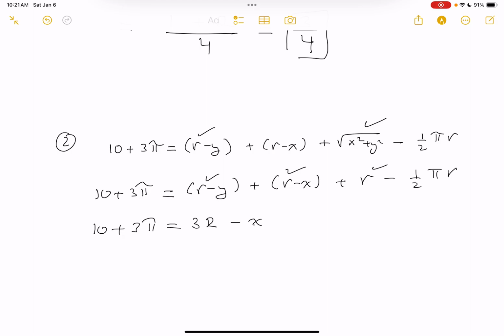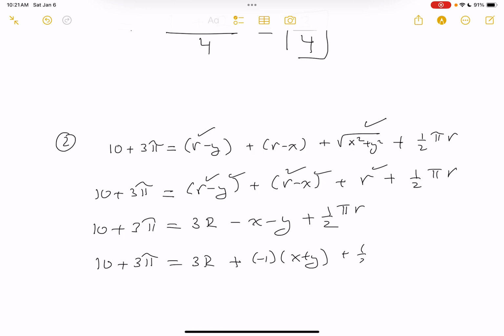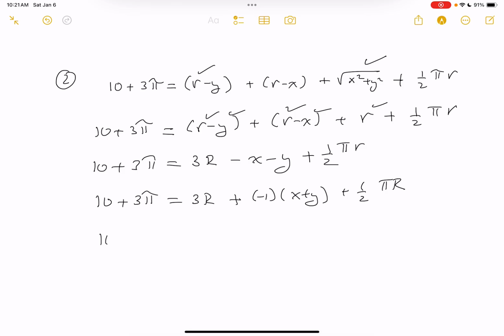Then you get minus X, minus Y, and you get minus 1/2, not minus, it's plus, sorry about that, plus 1/2 pi R. All right, let's keep going. 10 plus 3 pi equals 3R. I'm going to factor out a minus 1 here, and that's going to be X plus Y now, plus 1/2 pi R. What's X plus Y? It's 8.